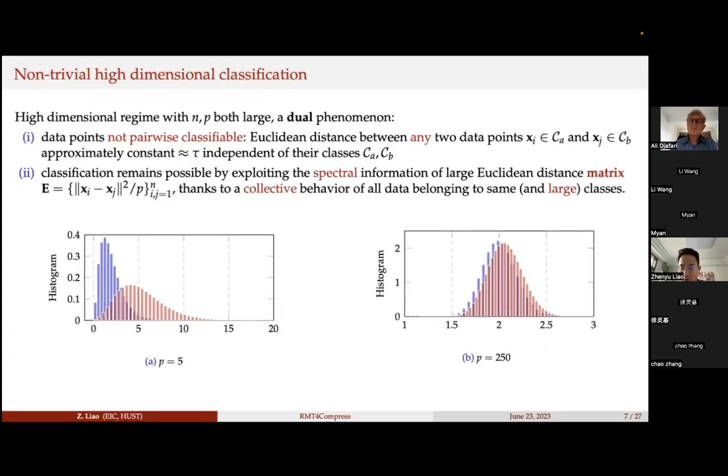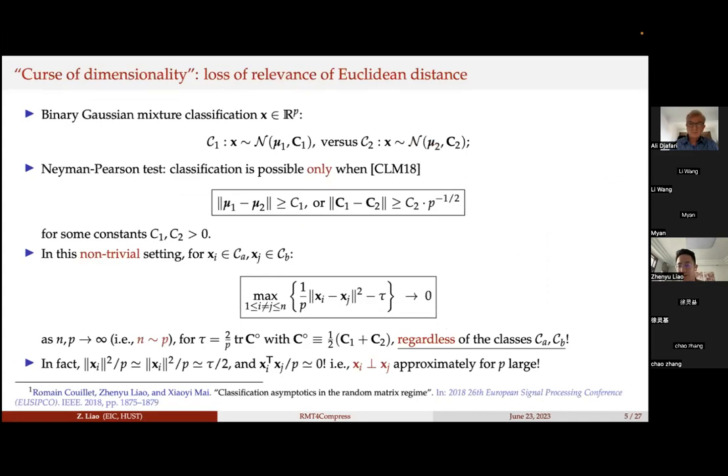So in fact, the law of large numbers and the CLT are different scalings.